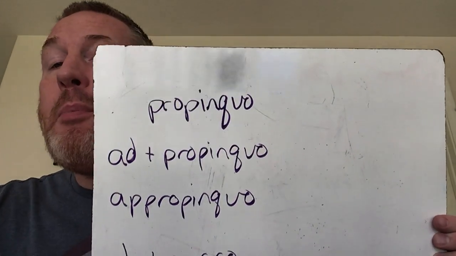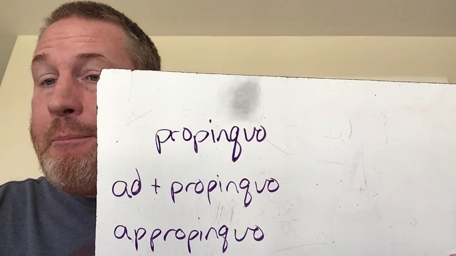So let's just go with this. Oh, that was right. Apropinquo. Sorry. Reading it backwards sometimes throws me off. You'd think I'd get good at reading things backwards. But apropinquo, apropinquare.